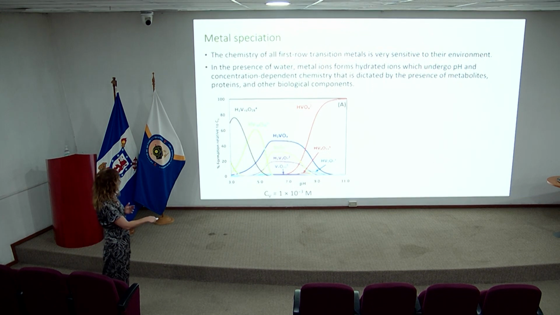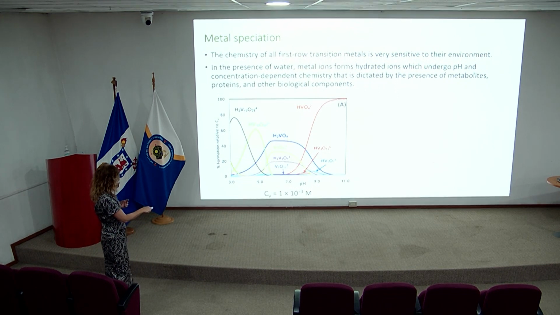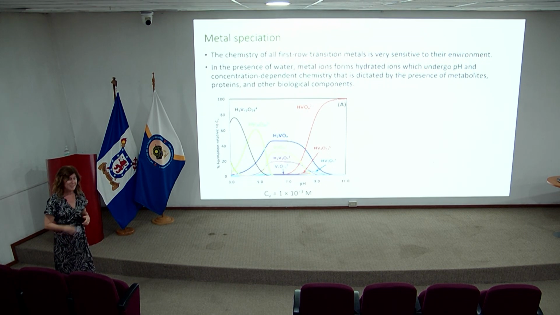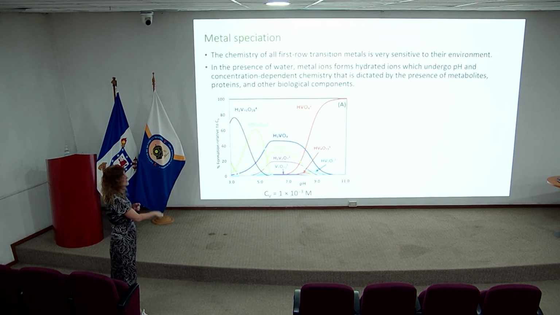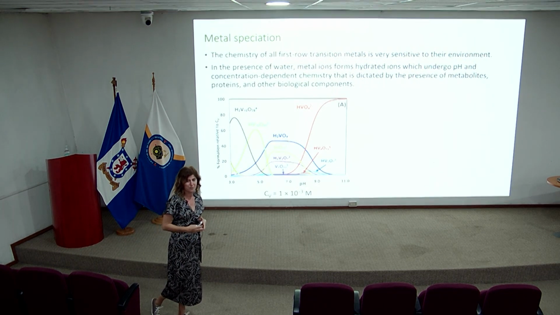For instance, at physiological pH, we can see vanadium in the monomeric form, tetravanadate, divanadate, pentavanadate, and in the lower pH range we have decavanadates.